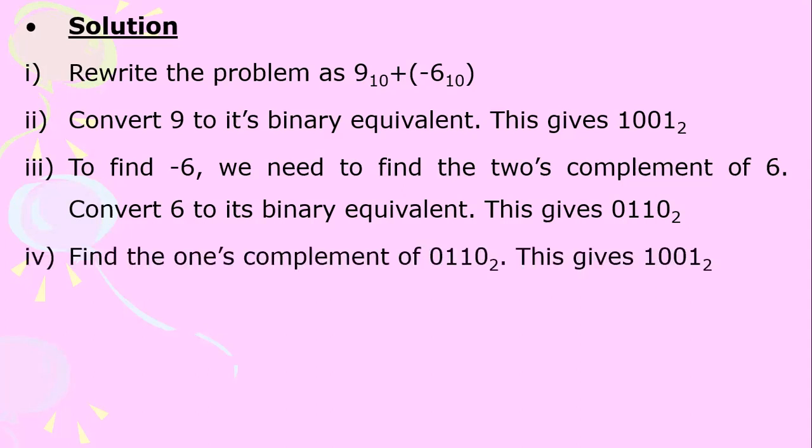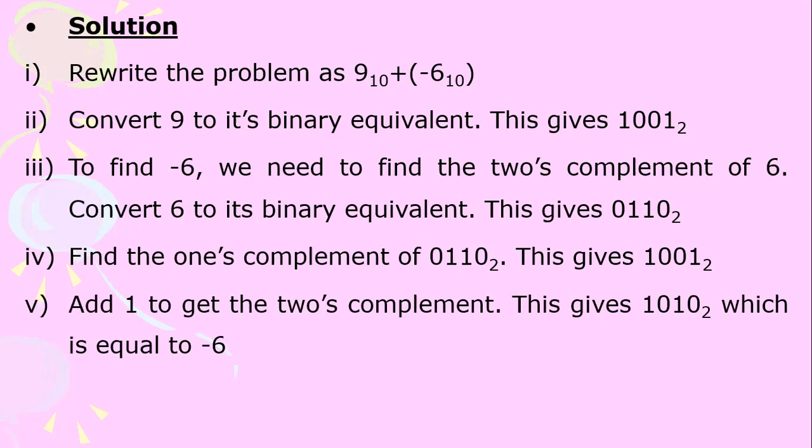Then we find the 1's complement of 0, 1, 1, 0. This will give us 1, 0, 0, 1, because the 1's complement of a binary number is gotten by changing zeros to ones and ones to zeros. So that gives us 1, 0, 0, 1.